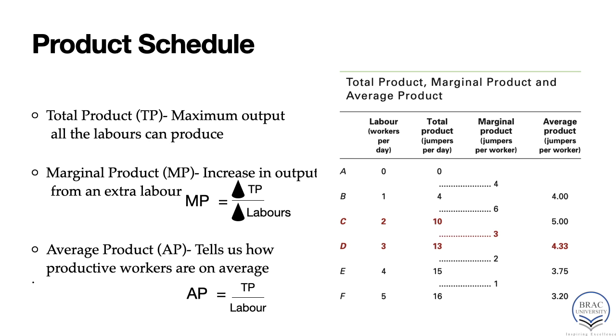And this is given by the formula: change in the total product divided by the change in the quantity of labor. So now, if you look at column number 3, you should be able to see the marginal product of this firm. And as you can see, the marginal product of this firm initially increases, but then it falls. Can you guess why?